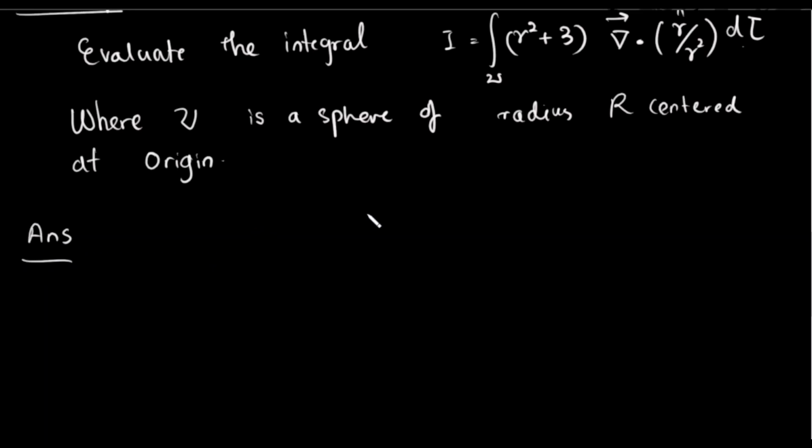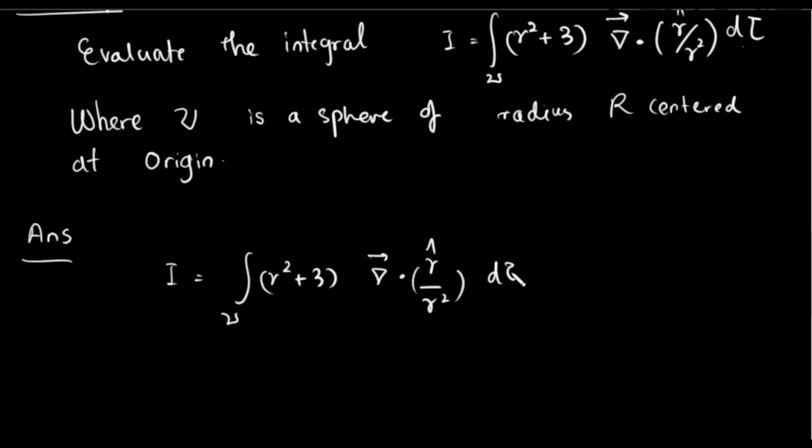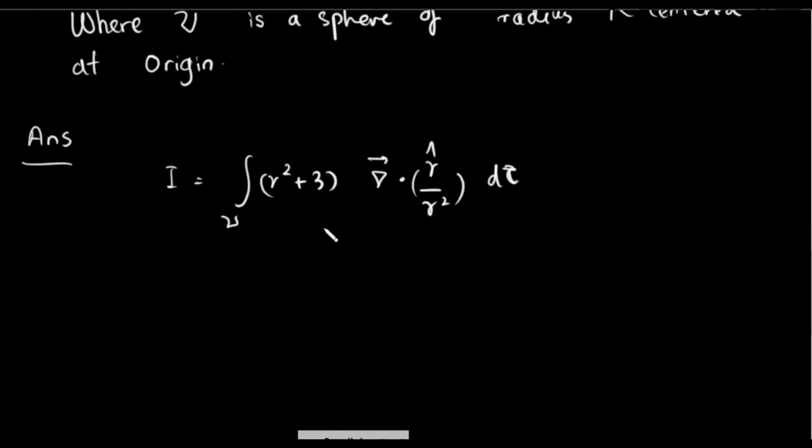So now we have I equals the integral of r squared plus 3 times divergence of r hat divided by r squared d tau. d tau is the volume element. Now we know that r squared plus 3 is going to be my function, an ordinary function. We have another term here, so you can replace this term with 4 pi delta cube (r).